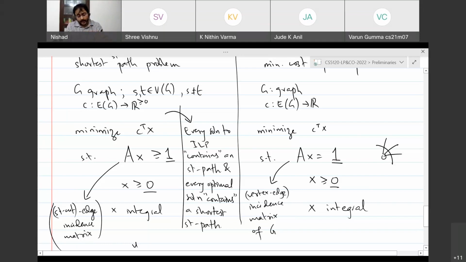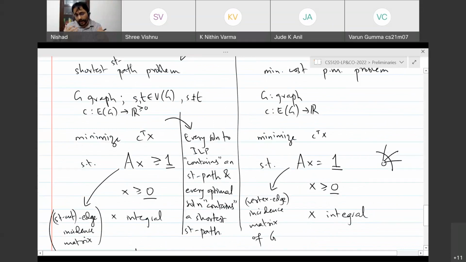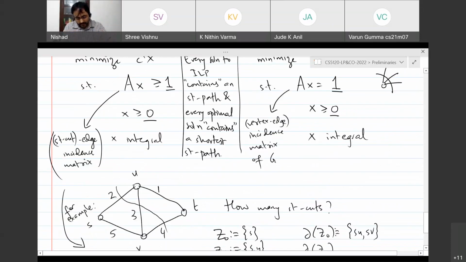In fact, if you assume that your costs are strictly positive, then the optimal solutions will be exactly the shortest ST paths, right? Because then you won't be able to take the 0 cost edges more number of times, because there are no 0 cost edges.